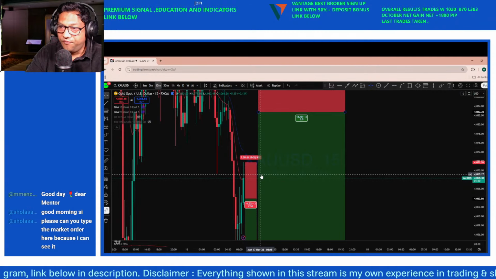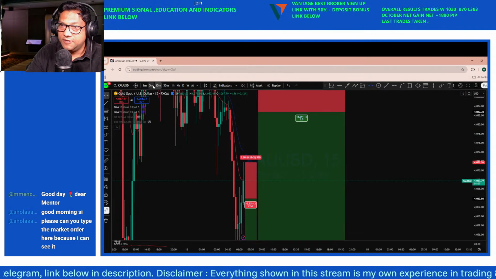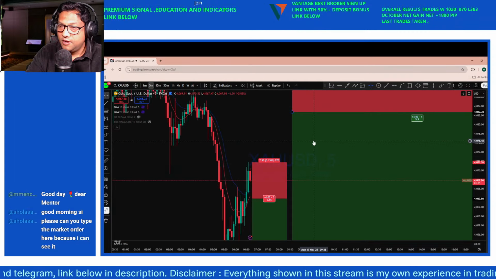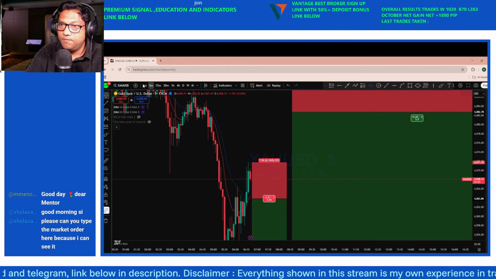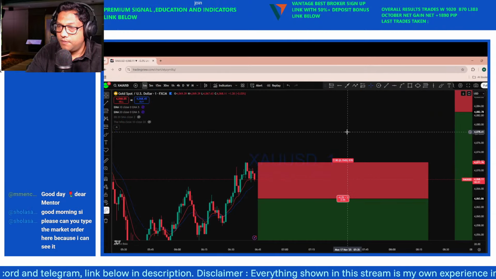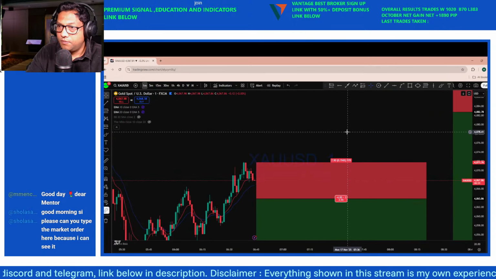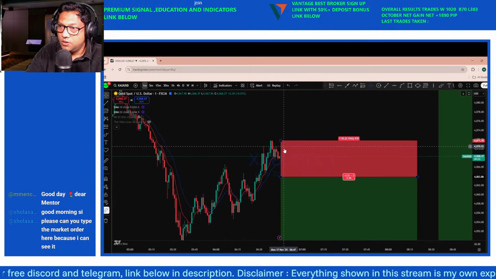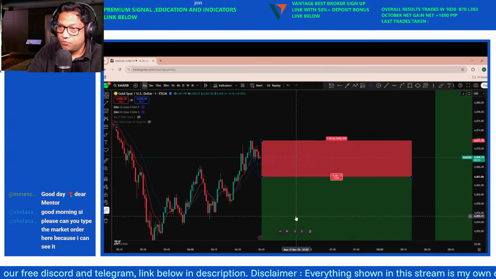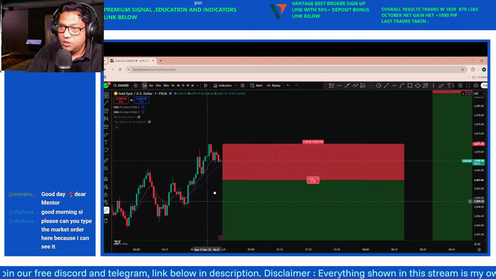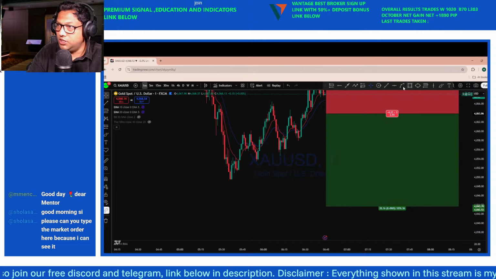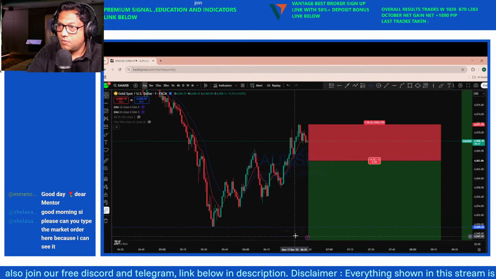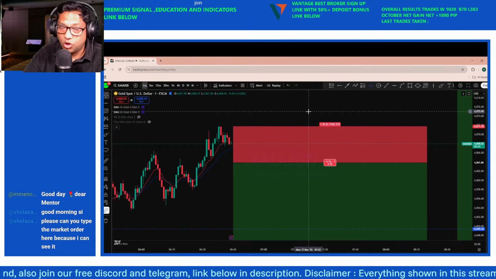This is the 15 minute market structure, and the 5 minutes as well. Once the market changes direction here, we could see the price drop well below to this support level, and that's what trading is all about, probability.